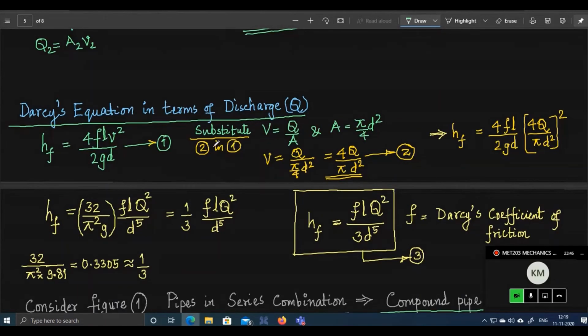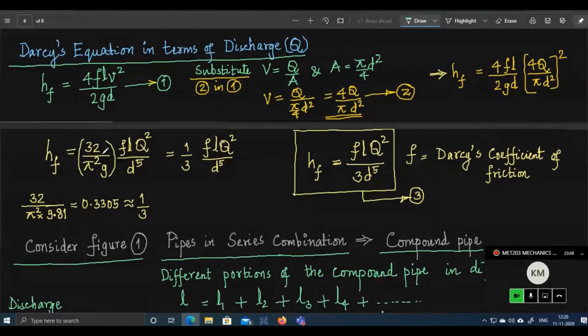Before proceeding further to the concept of equivalent pipe, equivalent length, equivalent diameter, etc., let me tell you Darcy's equation in terms of discharge. The common form which we know is HF is equal to 4FL V square by 2GD. This is the equation where F is Darcy's coefficient of friction, L is the length of the pipe, V is the average velocity of flow through the pipeline, G is the gravitational acceleration, and D is the diameter of the pipe.